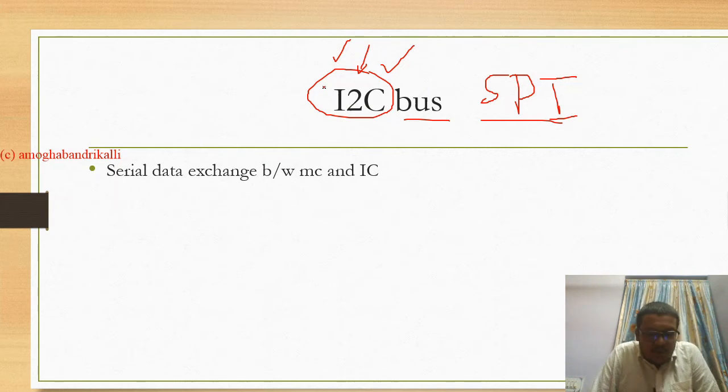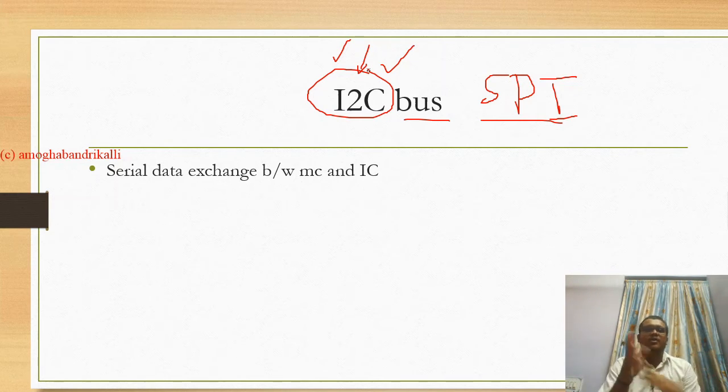I2C is used for serial communication between systems. If you need serial communication between two microcontrollers, you can use I2C buses. These are used for short distance communication. If the length is too long, you cannot use I2C. It is meant for shorter distances.